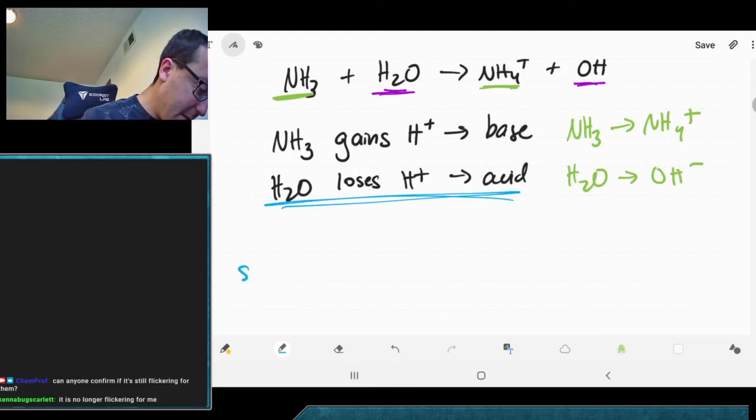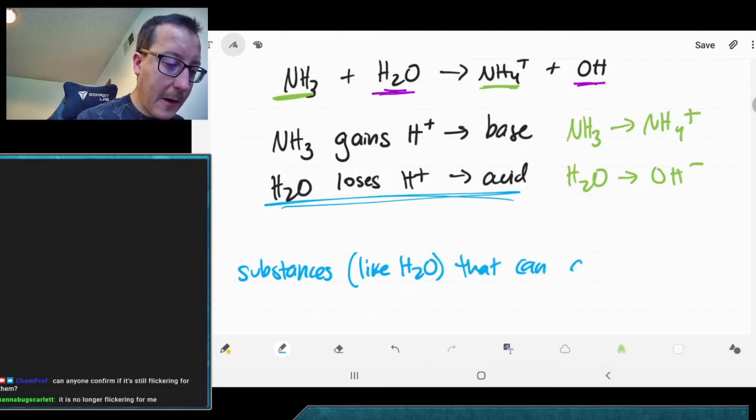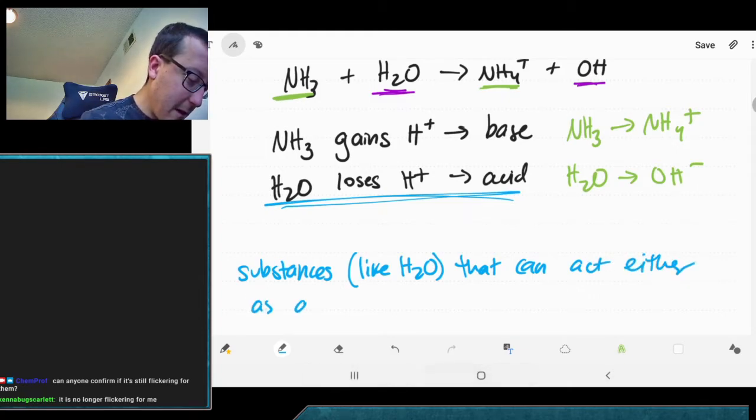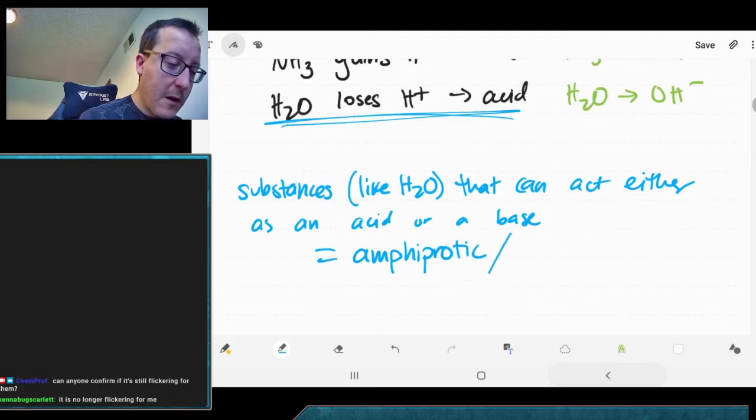Substances that can act either as an acid or a base are called amphiprotic or amphoteric.